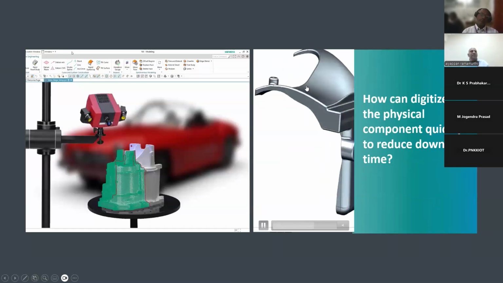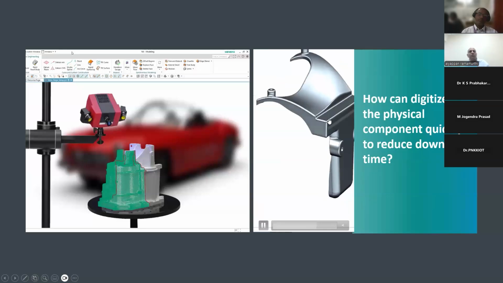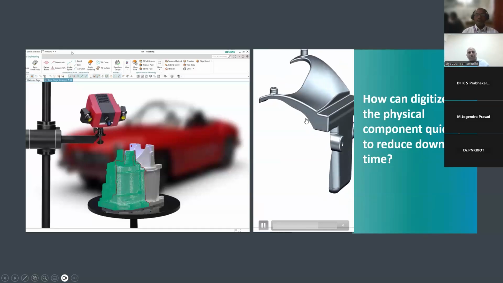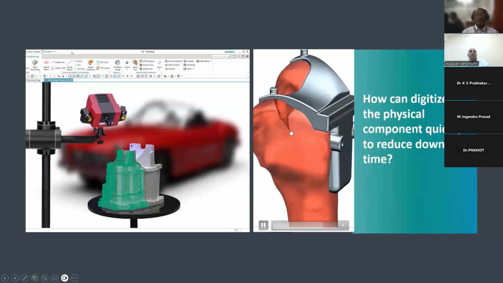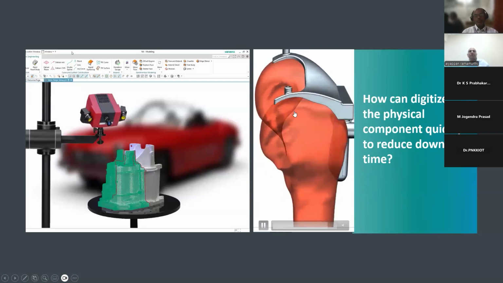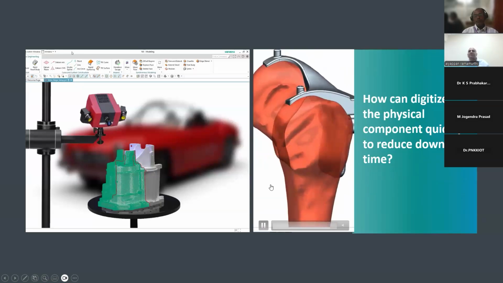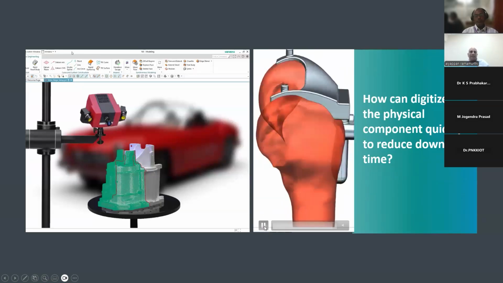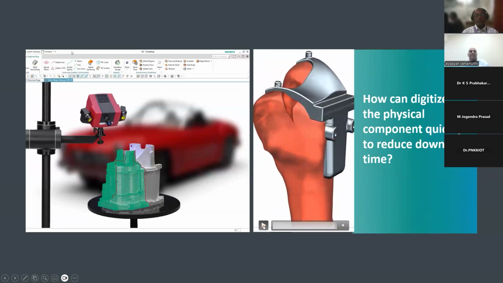Now I know that this is the actual one which I'm able to provide for my patient. And this preciseness is very important, because that determines the success or failure of the implant. If there are variations, there is going to be more pain for the patient who has this implant.